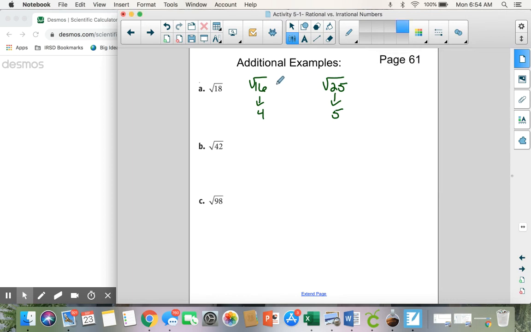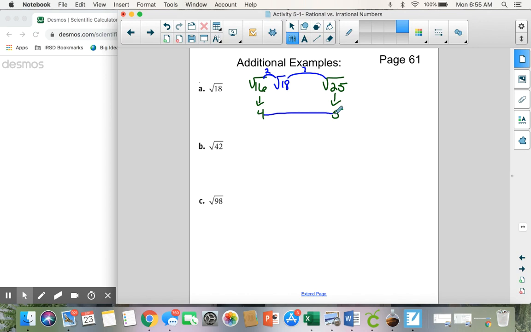the square root of 18, if I subtract 18 and 16, the difference is 2. If I subtract 18 and 25, my difference is 7. So I know now that my square root of 18 is closer to 16 than it is to 25.